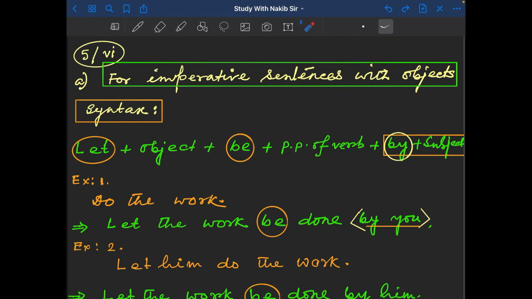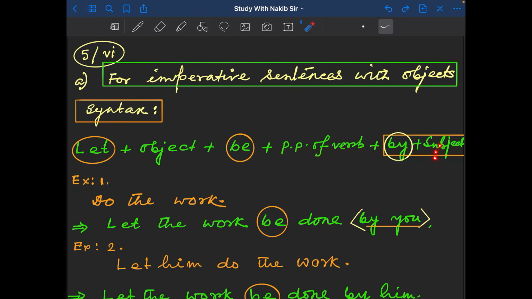So the first kind is imperative sentences with objects, and the second kind is imperative sentences without objects. For the imperative sentences with objects, the syntax, means the structure of the passive voice, is first use let, then use the object, then one be, then the past participle of the verb, then by, then the subject.